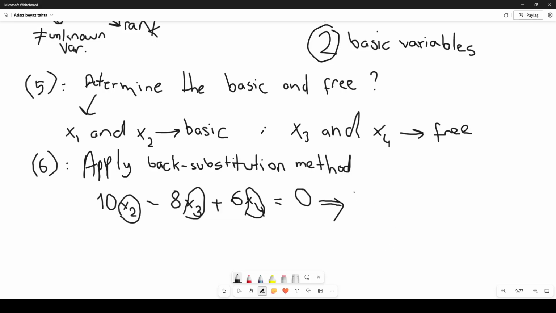In other words, we have 10x2 is equal to, if we move x3 and x4 to the right hand side of the equality, minus 6x4 plus 8x3.